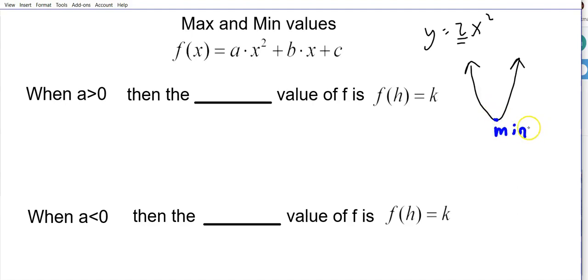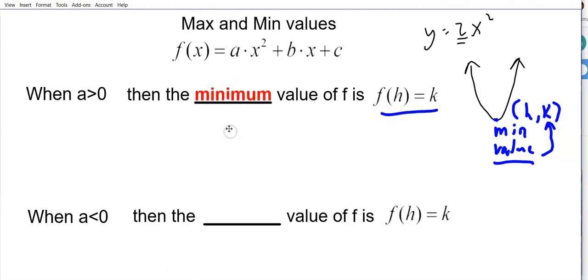In fact, if you have the h, k value, the minimum value will always be k, whatever the k value is. The minimum is the ordered pair, but the minimum value is going to be the k value there. That's what this says. The minimum value is there.